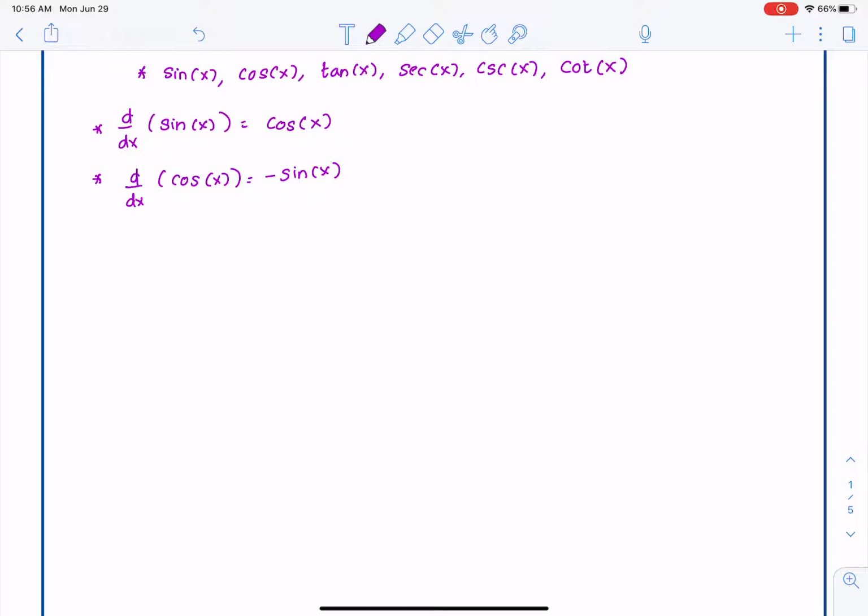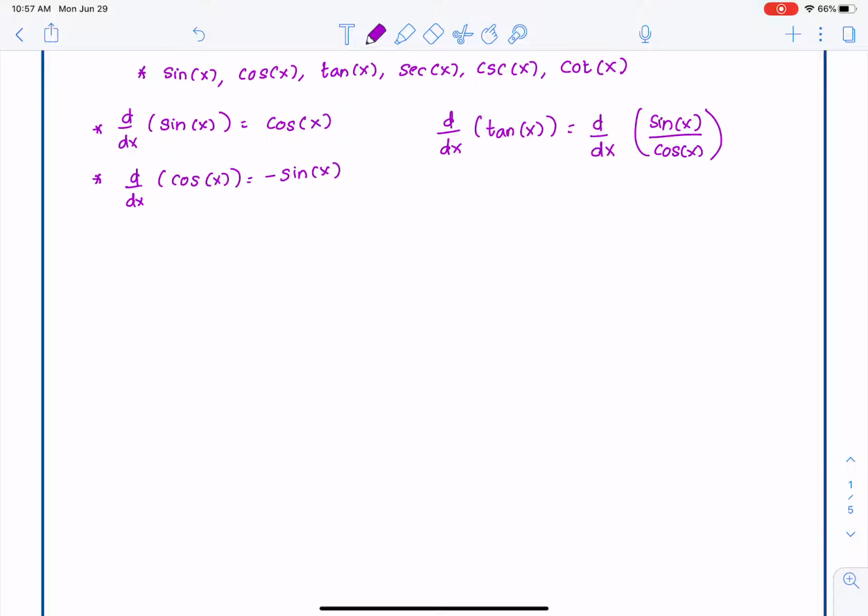What do I mean by that? If I have to find the derivative of tangent of x, that is simply the derivative of sine x over cosine x.